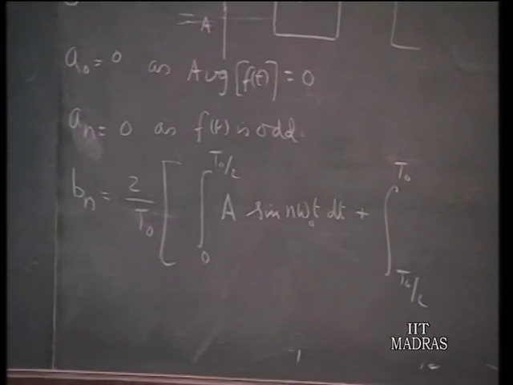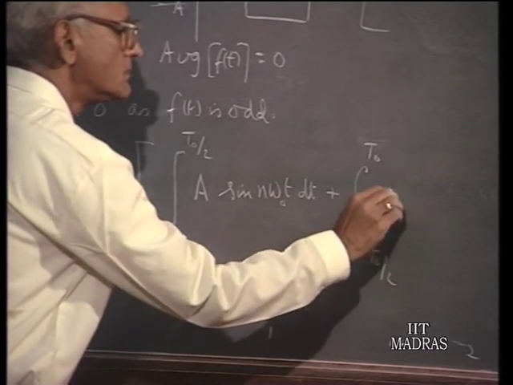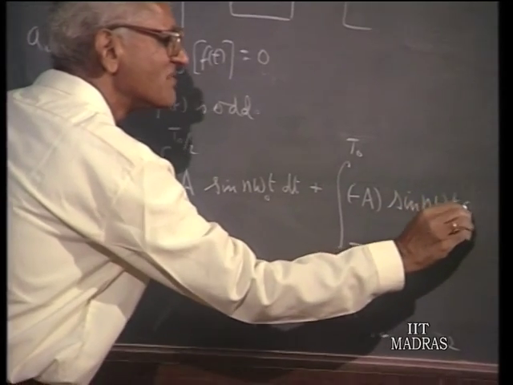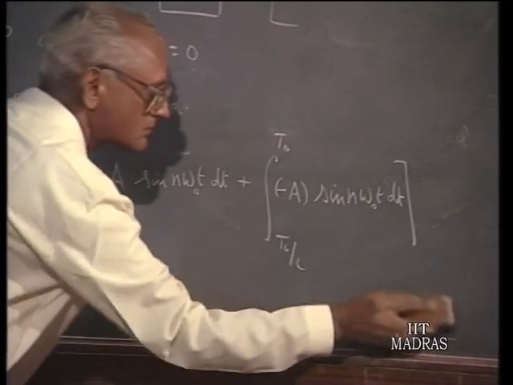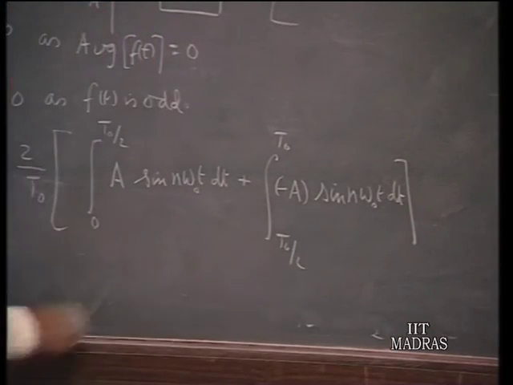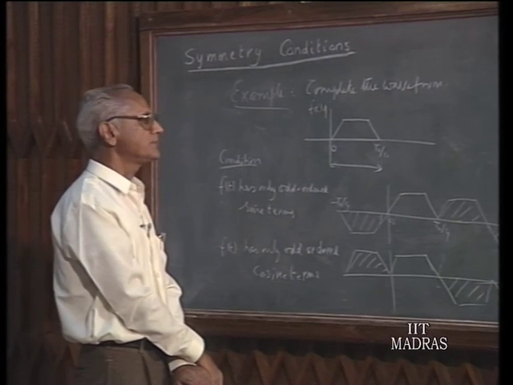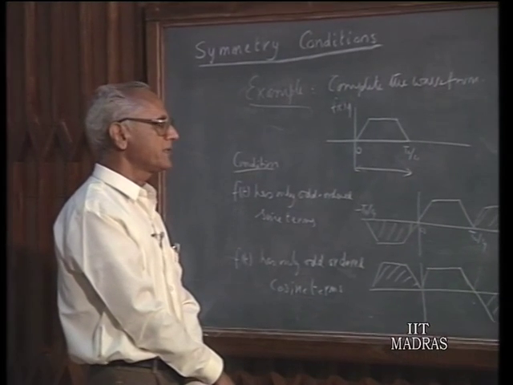In this interval of time, the value of the function is minus a sin n omega naught t. You can evaluate these two integrals separately and then arrive at the result.